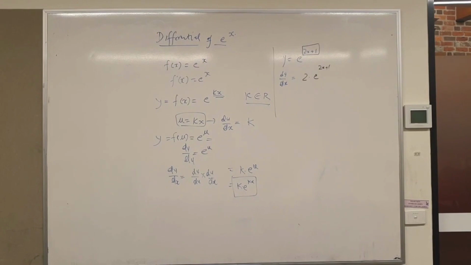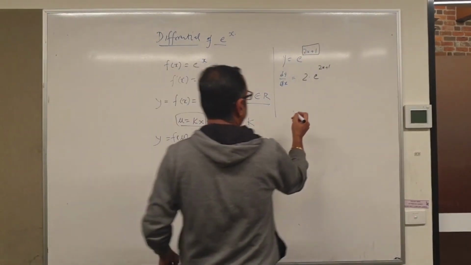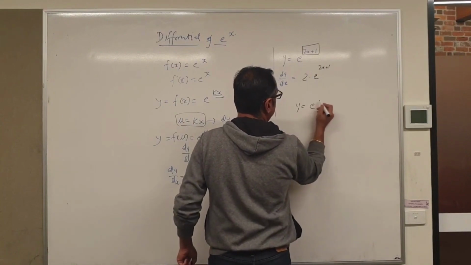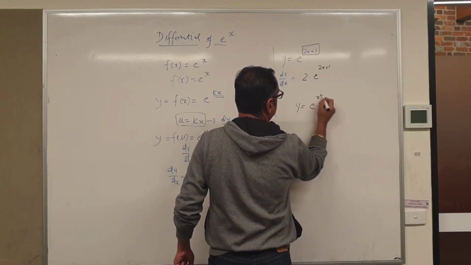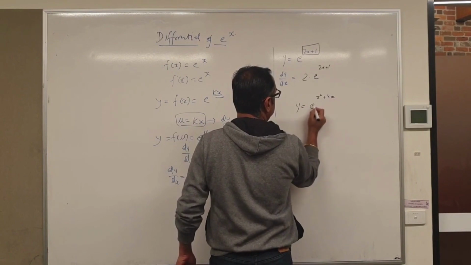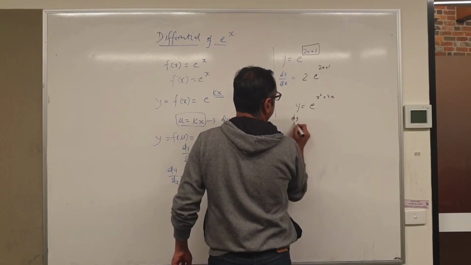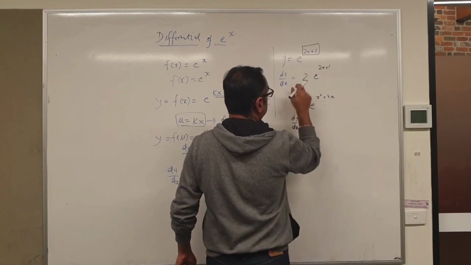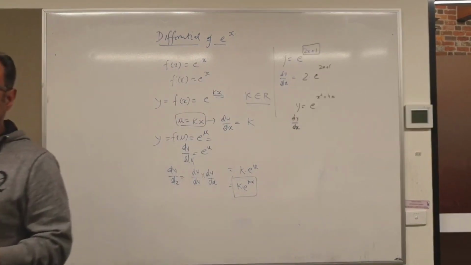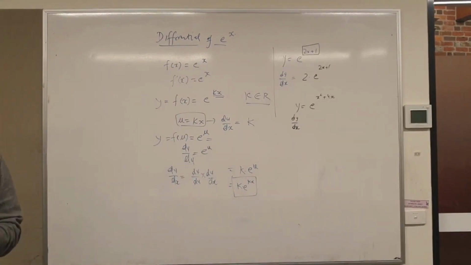Alright. If I say y equals e raised to the power of x squared plus 4x, can you now find dy by dx? Just the same logic. Quick, Aishka.